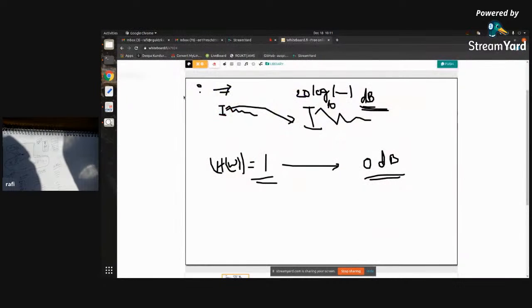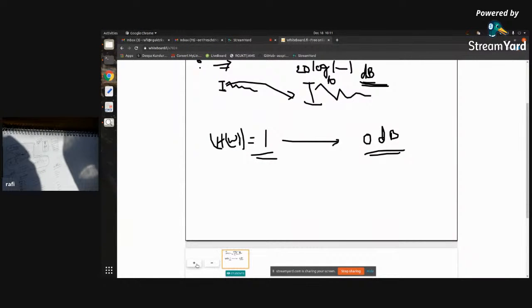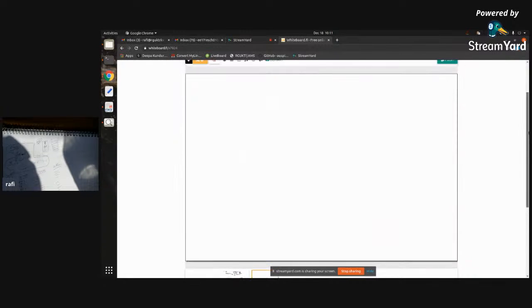So the moving average system is simply like this, from 0 and so on to m minus 1. The length is m and the height is 1 by m. All samples will have the same height, 1 by m. So this is h of n.